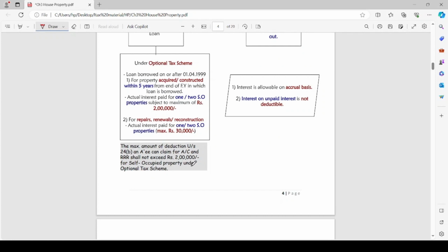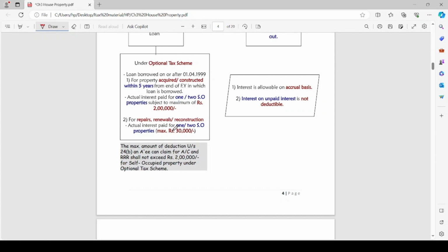Here I want to convey that if an assessee has borrowed a loan for the purpose of acquisition or construction, and in the same year has also borrowed a loan for the purpose of repair, renewal or reconstruction, in such a case the maximum amount he can claim for the self-occupied property will be 2 lakh for acquisition and construction, 30,000 for RRR.